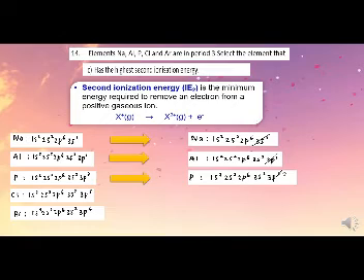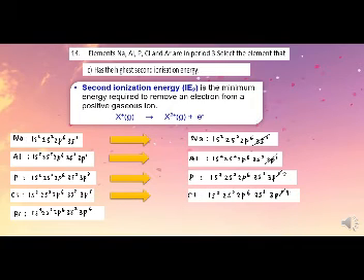Phosphorus, 1s2, 2s2, 2p6, 3s2, 3p2. We remove 1 electron. Chlorine, 1s2, 2s2, 2p6, 3s2, 3p4. We remove 1 electron. Argon, 1s2, 2s2, 2p6, 3s2, 3p5. We remove 1 electron.